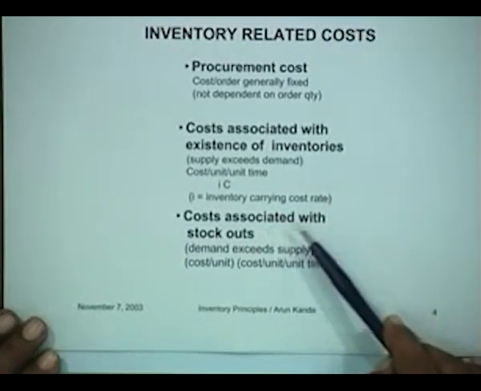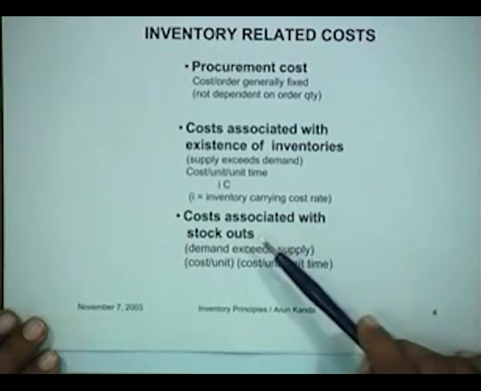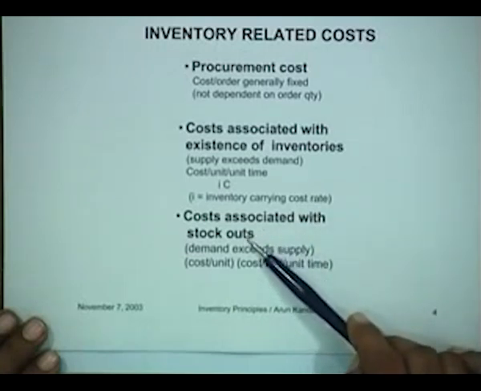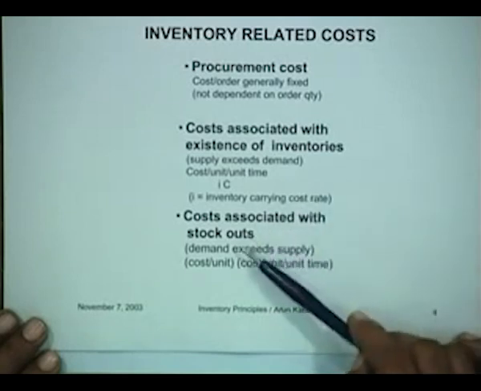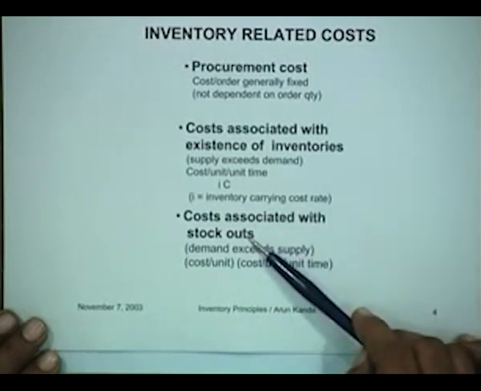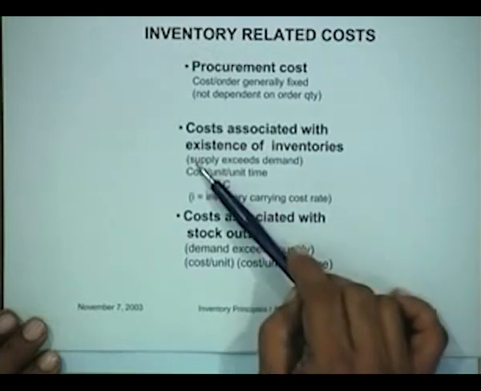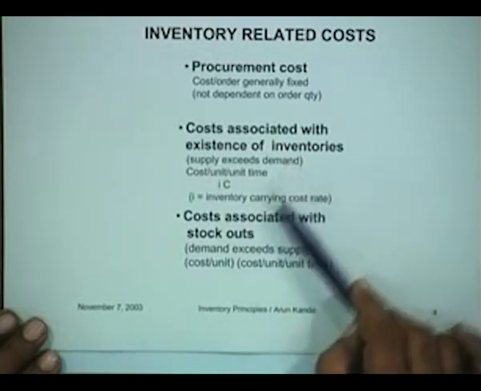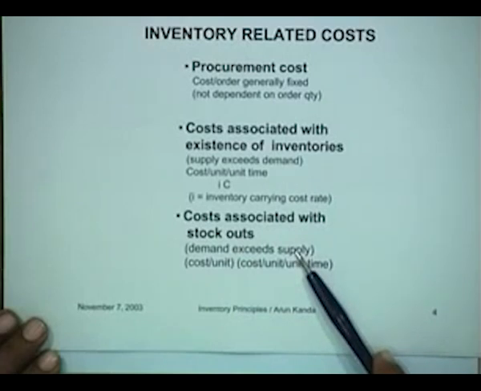The other type of cost that we are talking about is the cost associated with stockouts. That means a stockout is a situation where there is a demand for something but you have no supplies available, right? So it's the opposite of this situation. That means the demand now exceeds the supply.